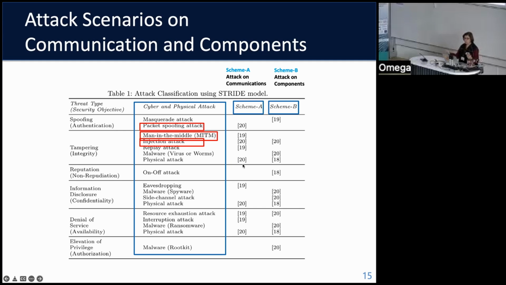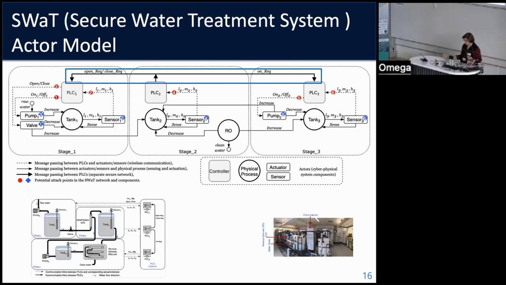But to be able to talk to people in the security community, we say what these attacks can be, how these attacks can be done. Like it can be an injection attack or man-in-the-middle attack that boils down to changing something on input or output or on the component.